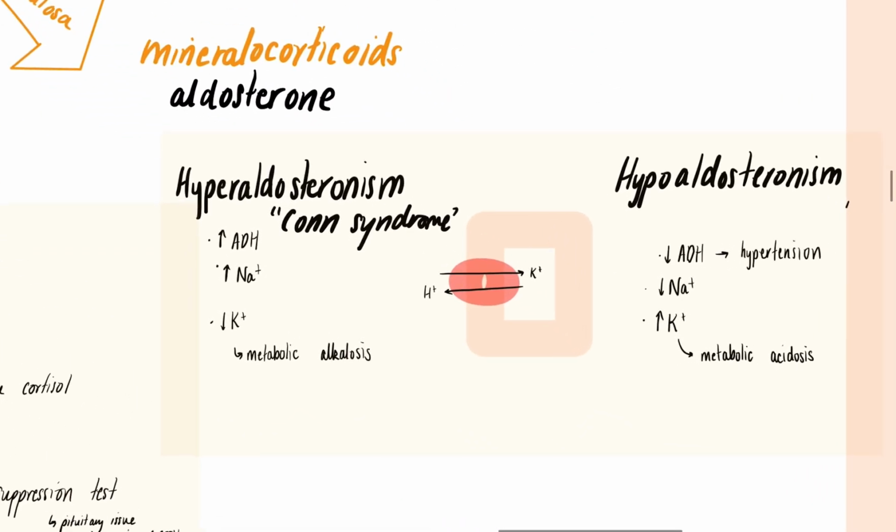Quite simply, hyperaldosteronism, also known as Conn syndrome, involves the overproduction of aldosterone, which we know helps you to reabsorb water and reabsorb sodium into your blood to increase your blood pressure. So in hyperaldosteronism, not only will you get increased ADH, you'll also get hypernatremia and hypokalemia.